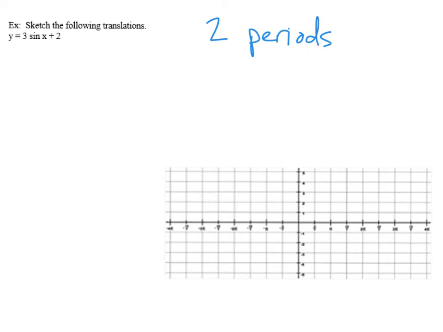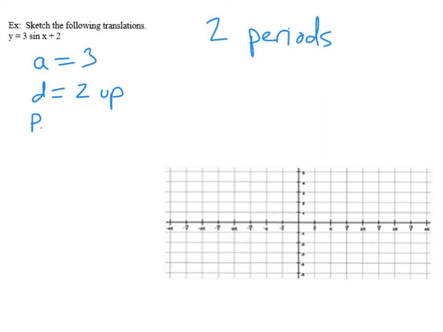Okay, we create what I like to call the function's profile, okay? It's usually at most like 4 characteristics that are going to help us graph it, okay? For your profile, I would say right off the bat, I'm paying attention that the amplitude is 3, okay? It also has D, the vertical shift, up.